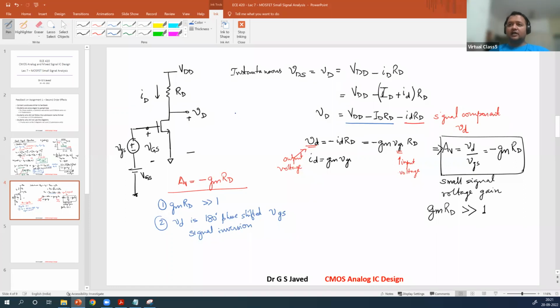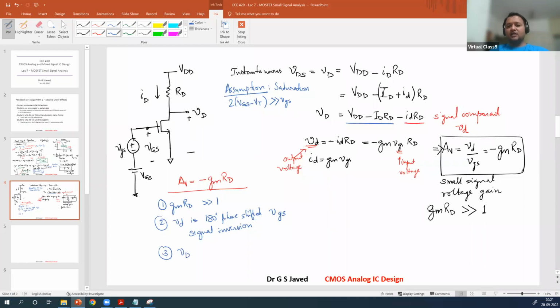This is again under an assumption. What is the assumption that we will always follow? 2 times VGS minus VT is very large compared to vgs. This is the assumption condition in saturation that we are following. So for saturation, what is the other observation that we will see from this figure?